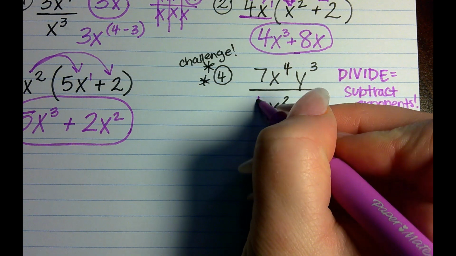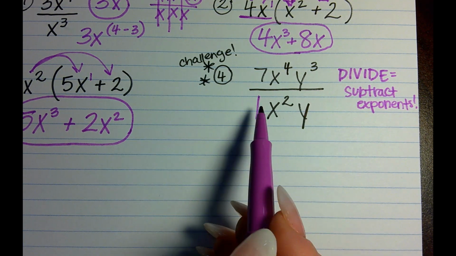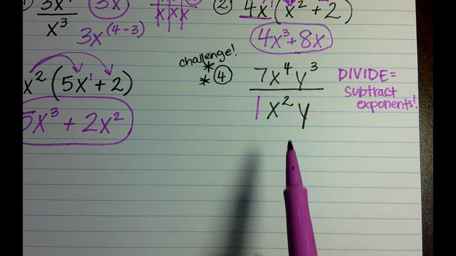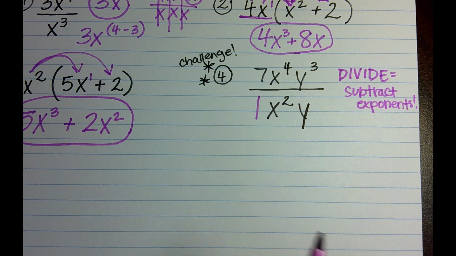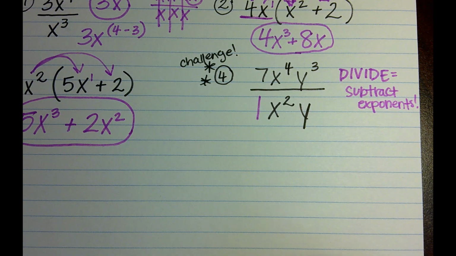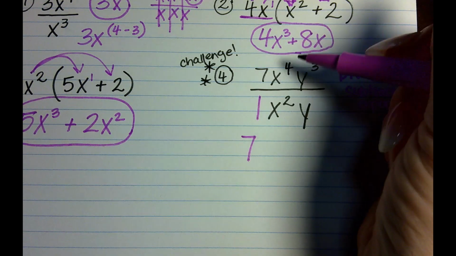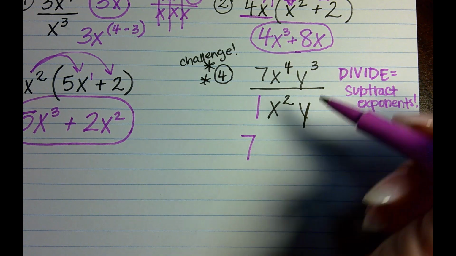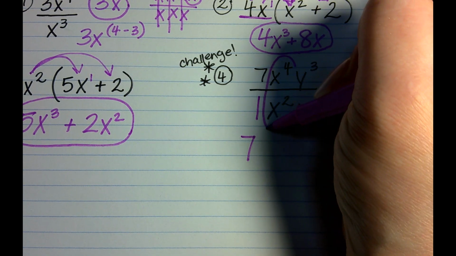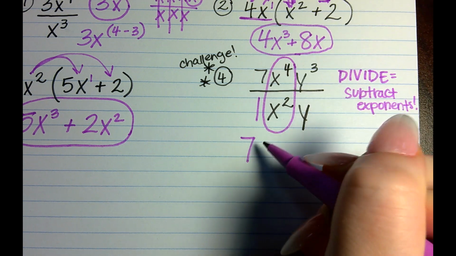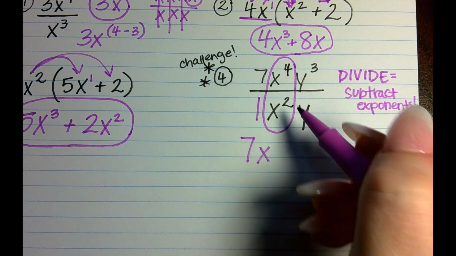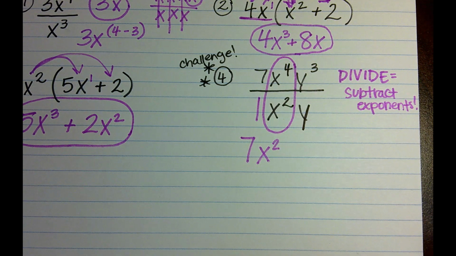The x is a 1, imaginary 1. Yes, there's an imaginary 1 in front of this x squared. So you said 7 divided by 1, and what will that give us? 7. And x squared. How did you get x squared? We subtracted. 4 minus 2 is 2.